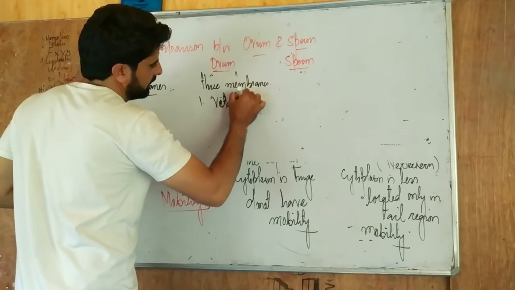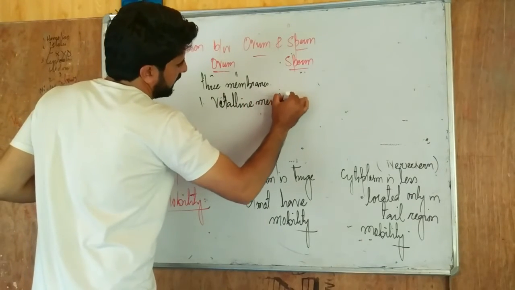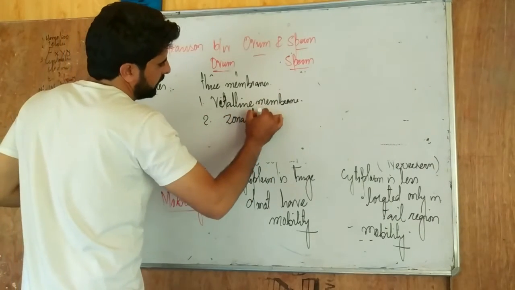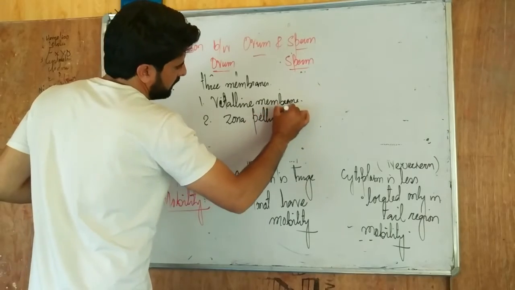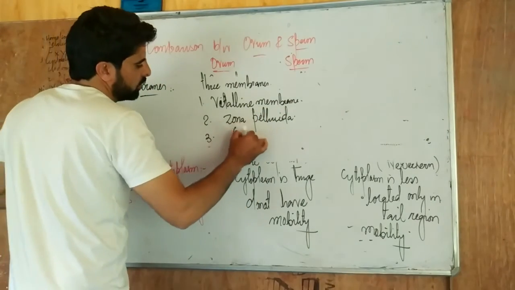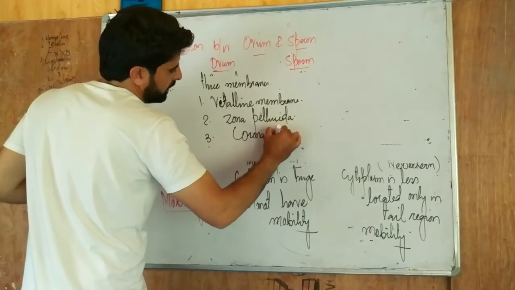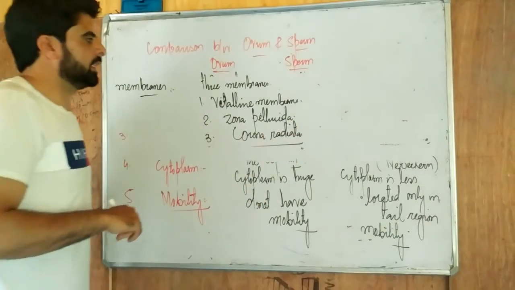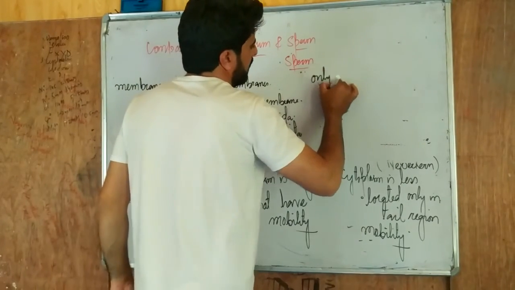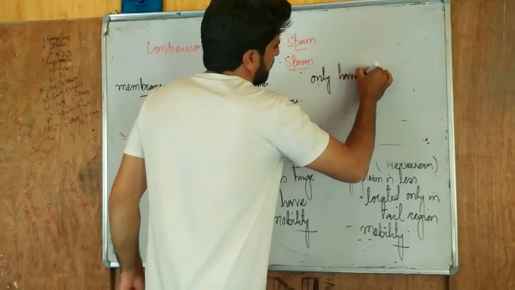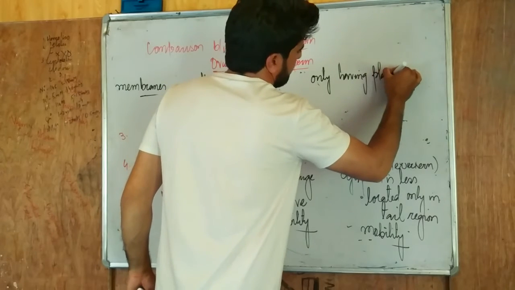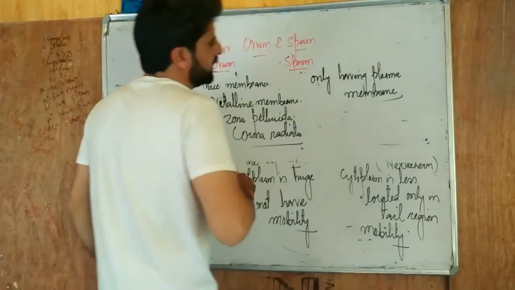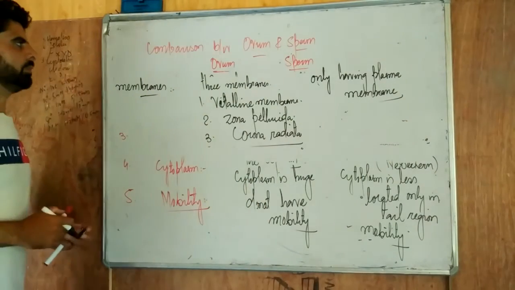Then the second one is the zona pellucida. Then after that we have the corona radiata. So these are the three membranes which make the covering around the ovum. And in case of sperm, it only has the plasma membrane. So these are the various differences in case of ovum and sperm.